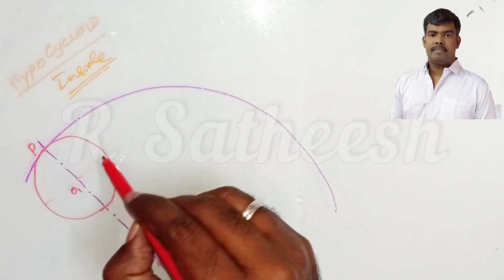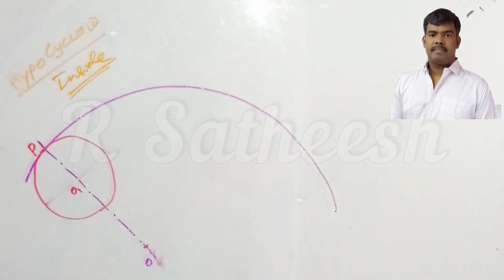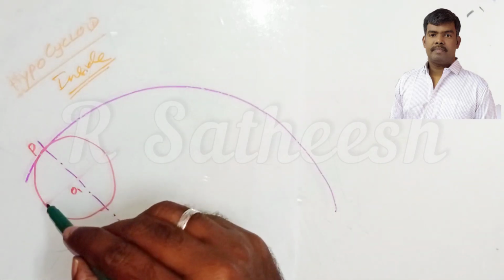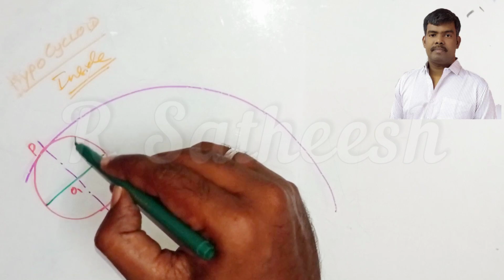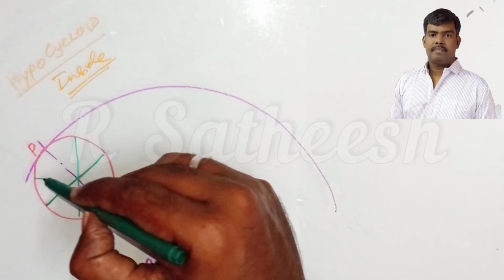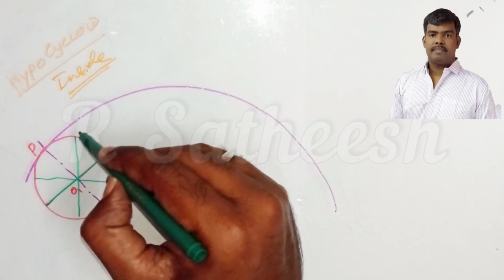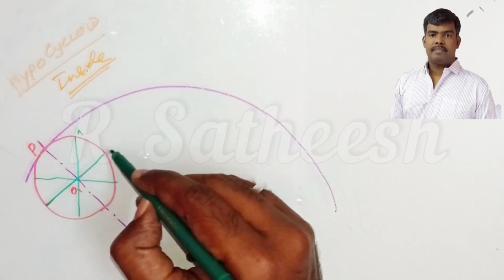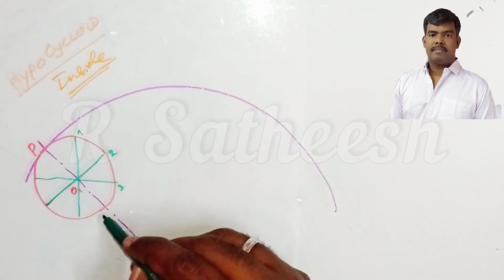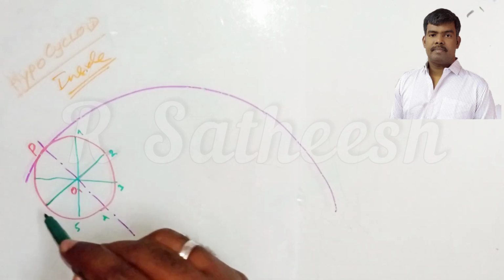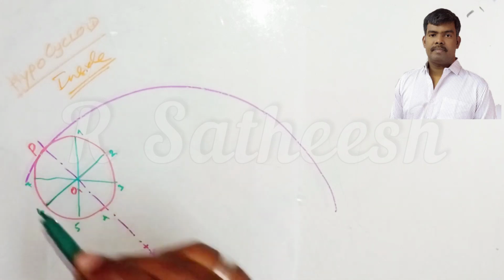You divide it into n equal parts. We know how to divide the circle into n equal parts. So this is point P. Next one is 1, 2, 3, 4, 5, 6, 7.